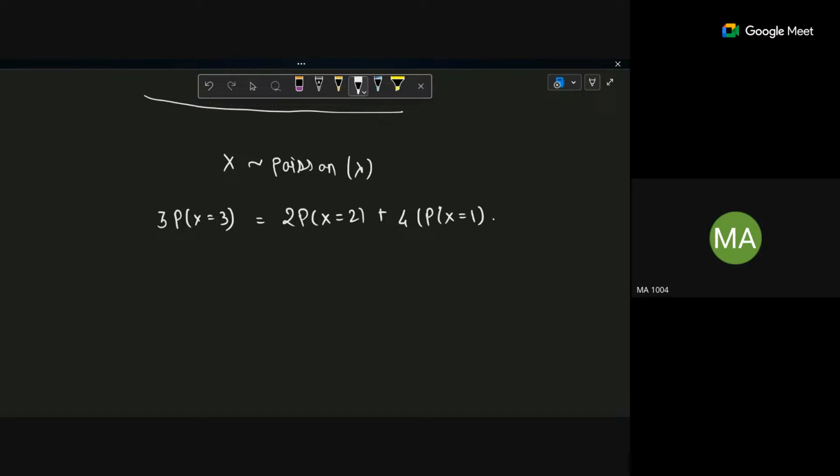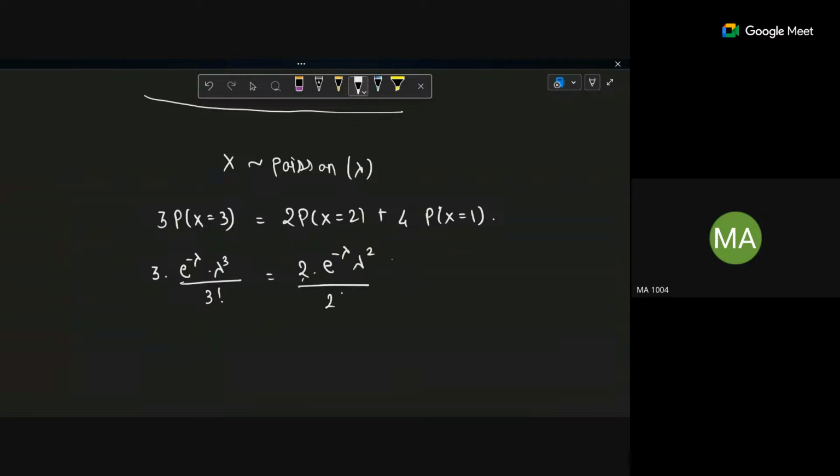Fine. What is the probability that your random variable x is taking value 3? e power minus lambda, lambda power 3 upon 3 factorial, right? Similarly, you have to just put the values like that and calculate the value of lambda.